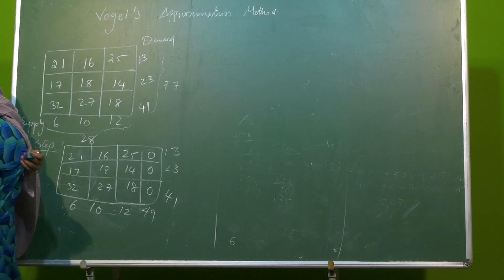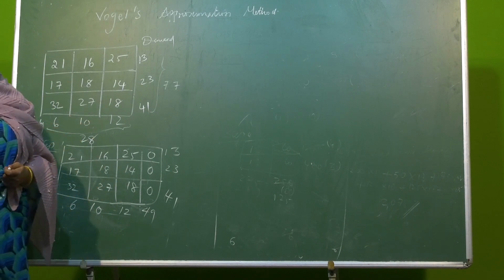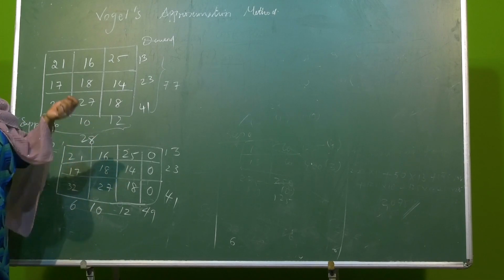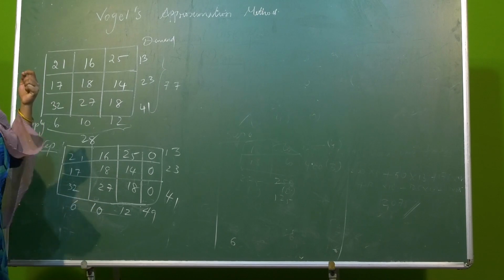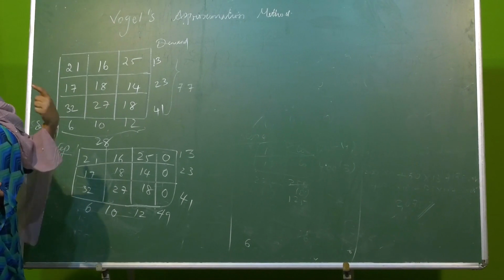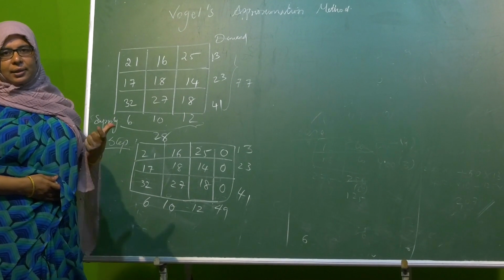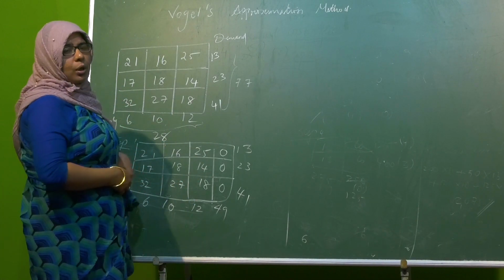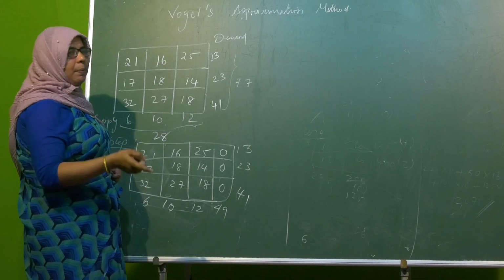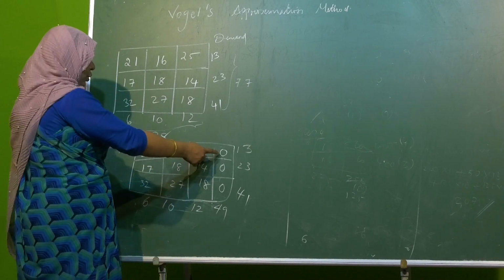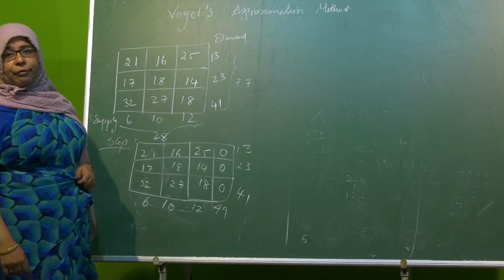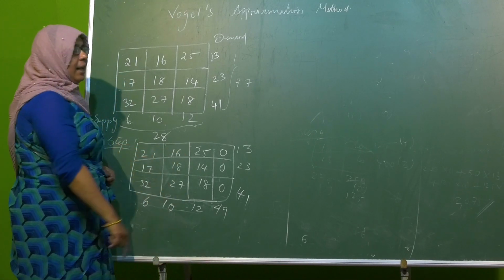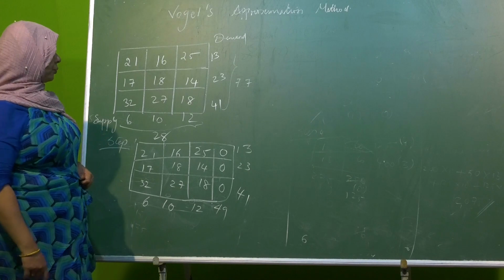So what I told you in the previous problem: you have to find the least element in each row and the next least element in each row, find the difference. What is the least element in the first row? 0 is the least element, and the next least element is 16.